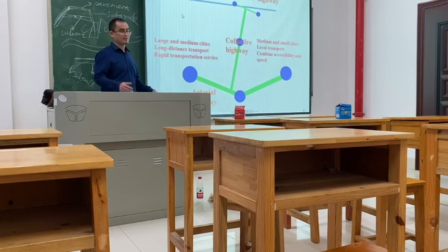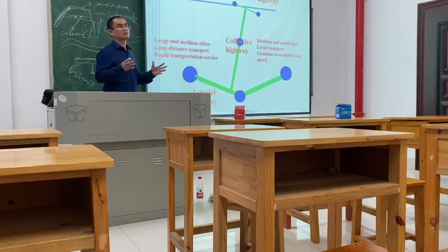So this is a map of the highway system. The widest green line is arterial highway, connecting different cities.